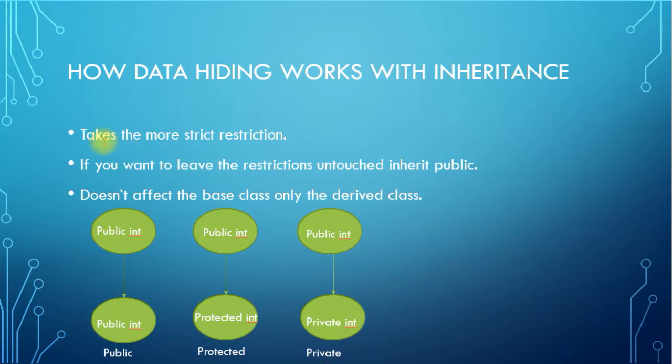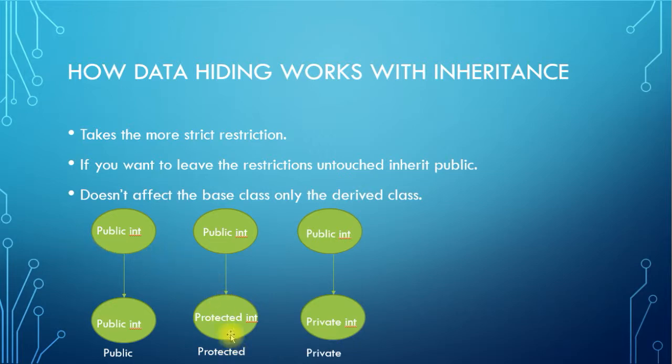Now when you do this, it takes the more strict restriction. So as you can see here, if something is declared public inside of our base class and we inherit publicly, nothing changes. Whether this would be public, private, or protected, it would be the same as inherited. So if you want to leave your restrictions from the base class intact and you want them to be the same in the derived class, then you would just inherit publicly.